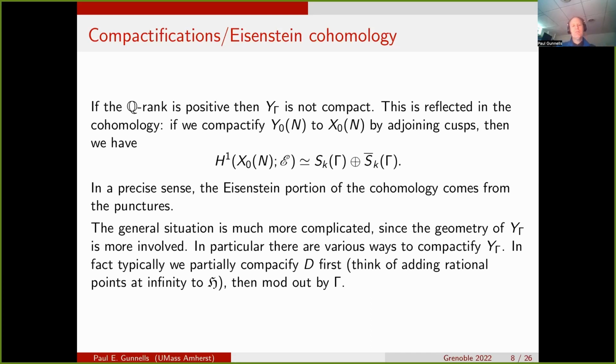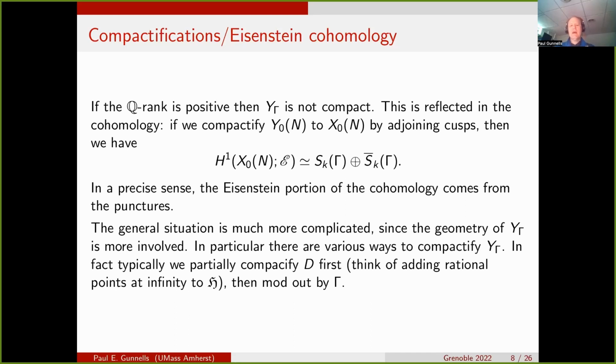Instead, you partially compactify the global symmetric space. You put some stuff at infinity, you enlarge the global symmetric space by adjoining some things to that. And then you do that in a nice way with respect to the gamma action, and then you mod out by gamma and obtain a compactification of Y gamma.